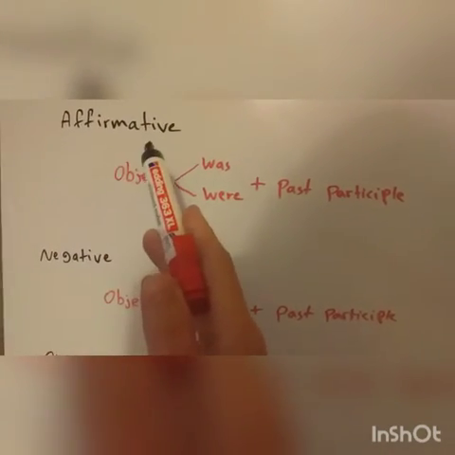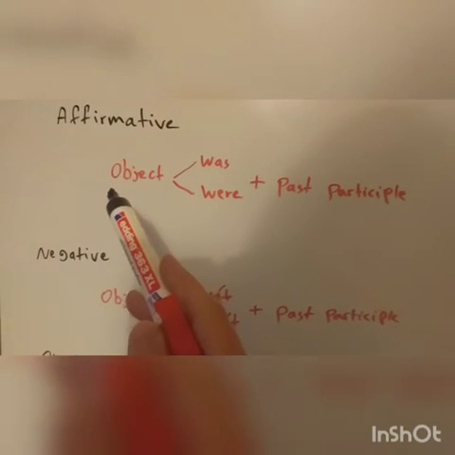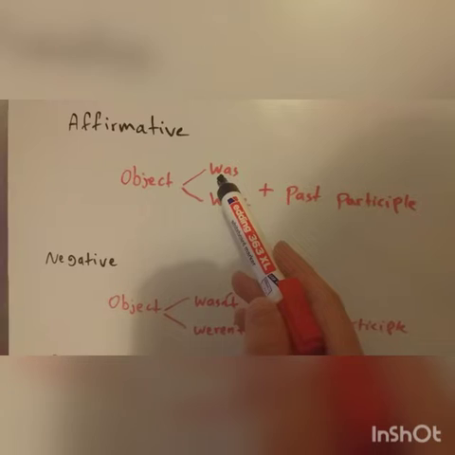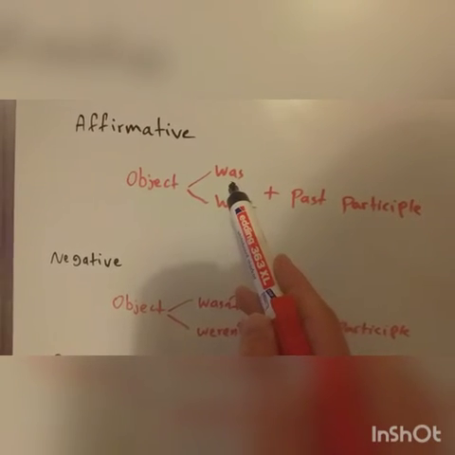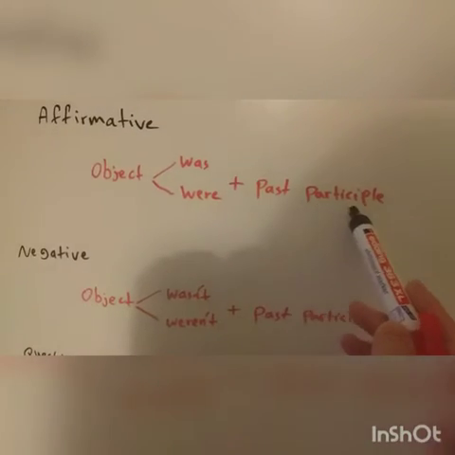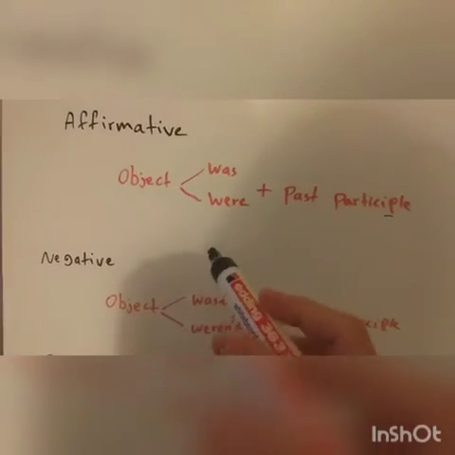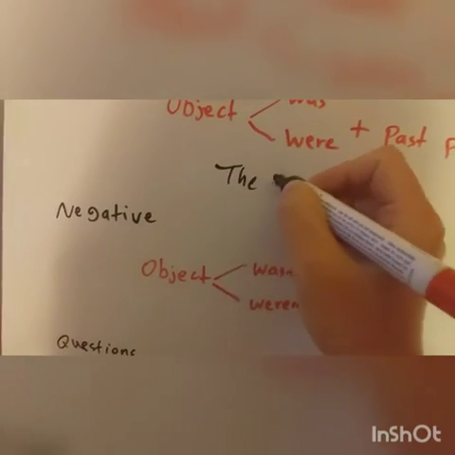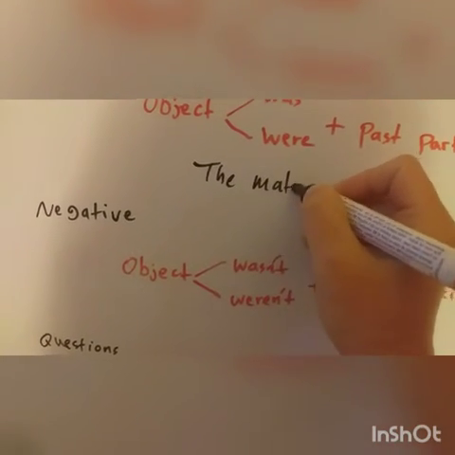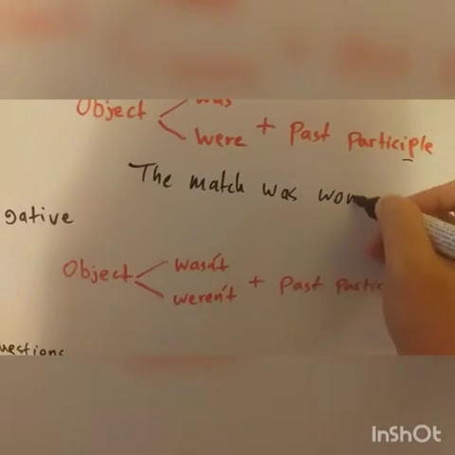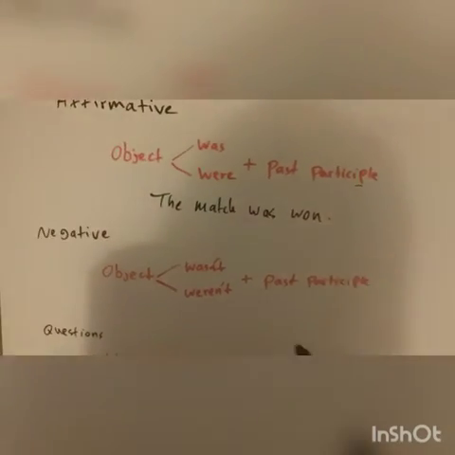In the affirmative, at first we write the object, then the verb to be in the past simple tense, was or were, and the past participle or verb 3. For example, the match was won by us.